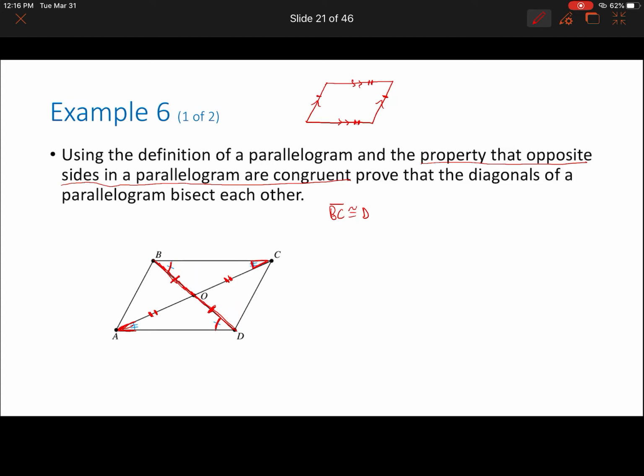So let's just make a list of some things we know. We know that side BC is congruent to side AD. Probably should say DA actually, so let's do that.